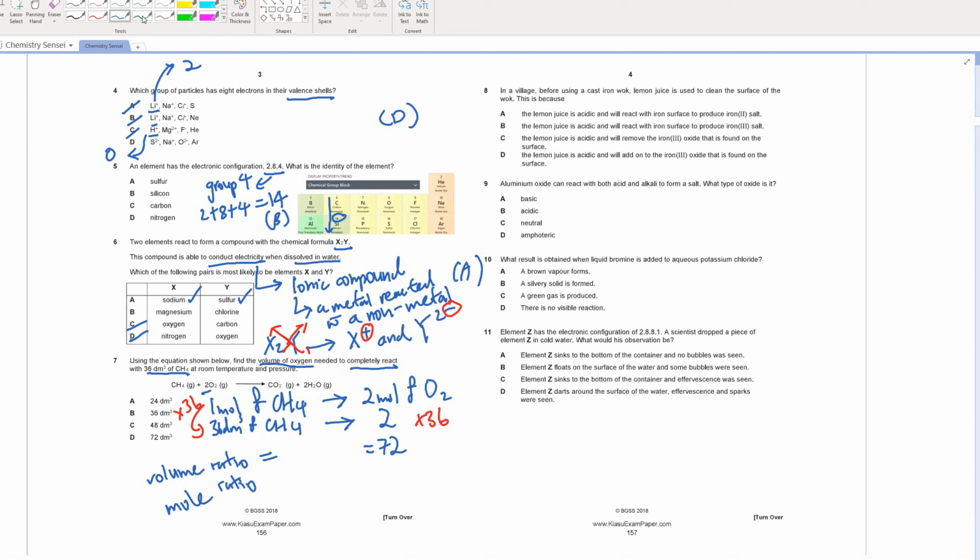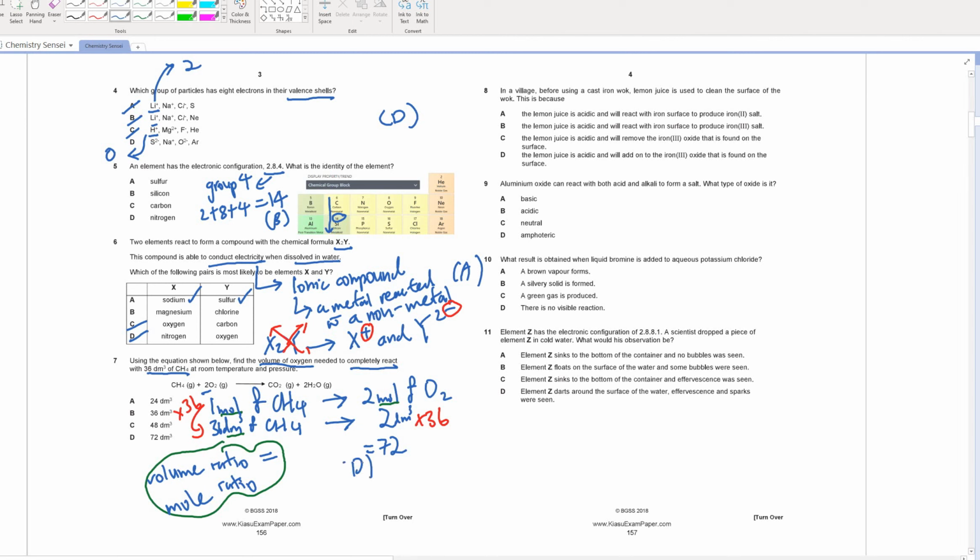Take note over here that the units are different. However, it is okay to do such conversion because of this rule, where the volume ratio is equals to mole ratio. Alright, so the answer for question 7 is option D.